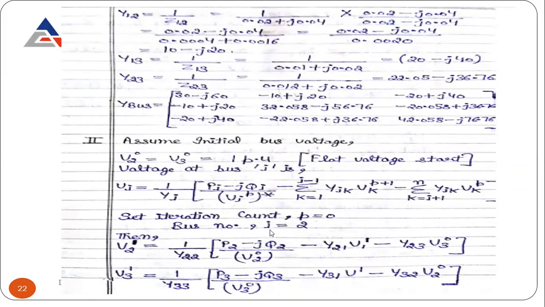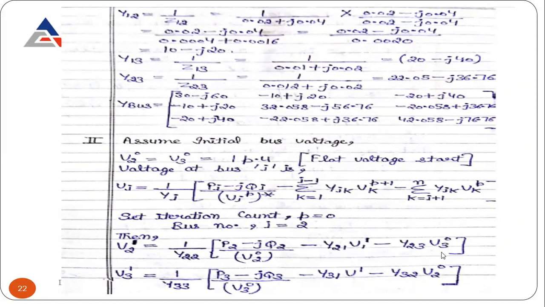So bus number is 2, so V2, iteration number is now 1. The first iteration: 1 upon Y22 times P2 minus jQ2 over V2(0), that is, the value taken from the previous iteration, minus Y21 V1 (first iteration) minus Y23 V3 (previous iteration).